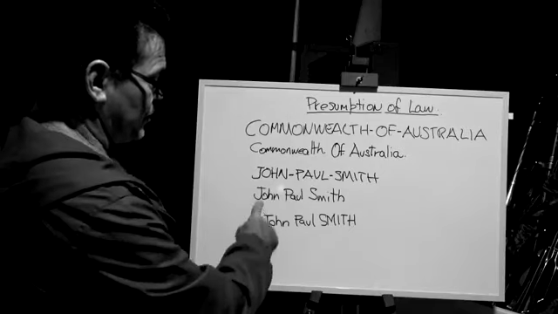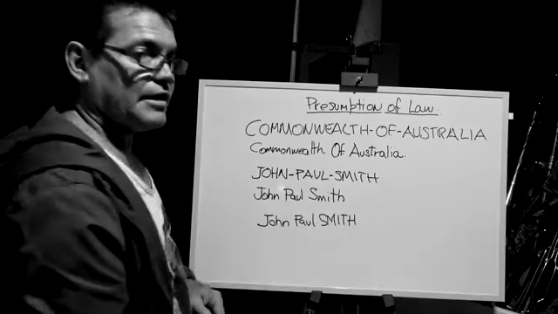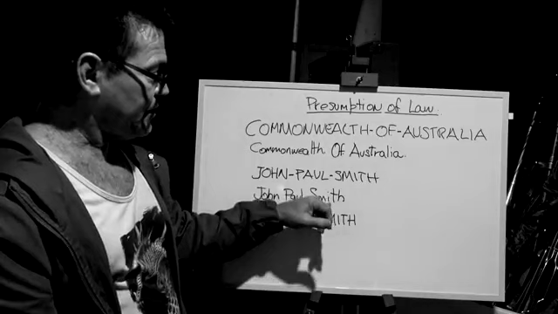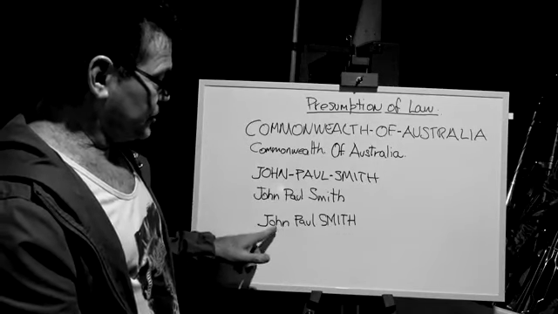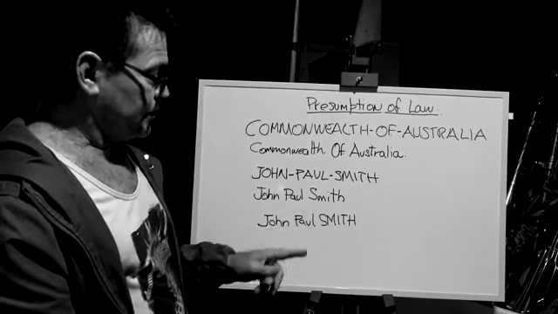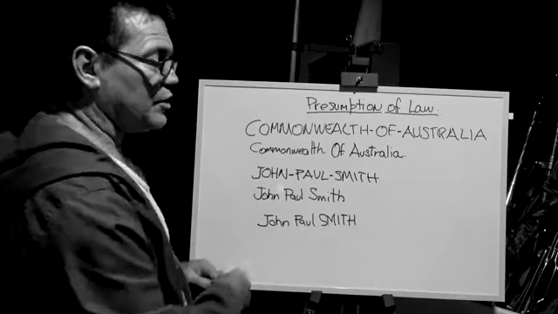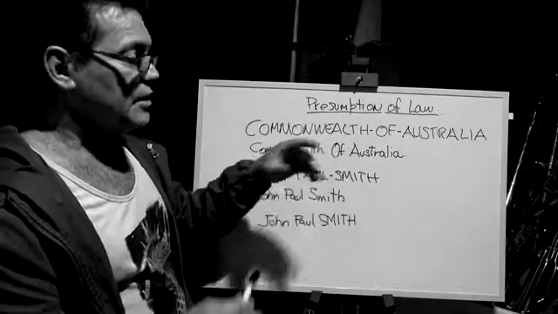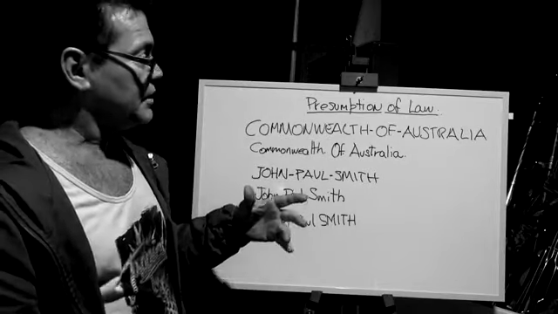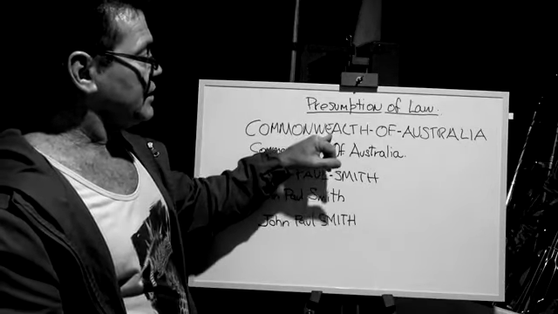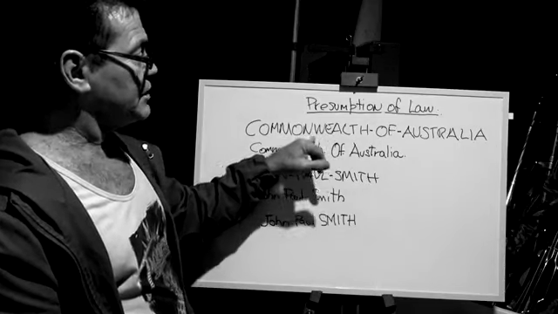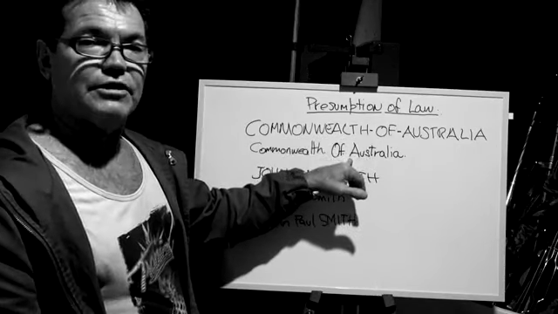So if you think your name is John Paul Smith, there's no evidence of that. There's no evidence, because this does not read John Paul Smith, because there is no correspondence between two languages on one document. So there's no correspondence between Latin or American Sign Language and proper English.